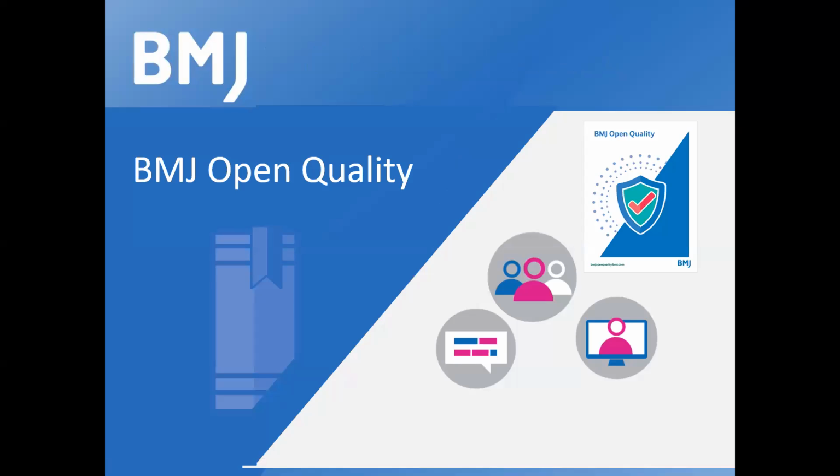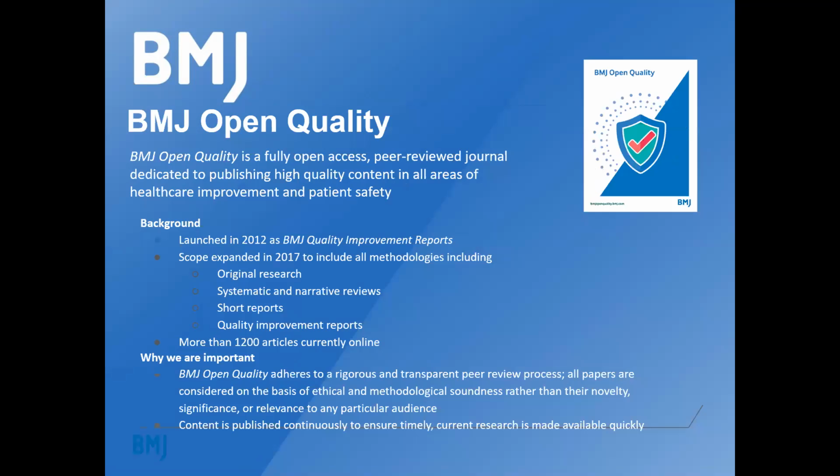And a few words about BMJ Open Quality, which has been around, I think, for close to 10 years now. I was lucky to be one of the original people involved in it, along with Ashton McKim, who was the first editor. What it's trying to do is it's an open access, peer-reviewed journal.